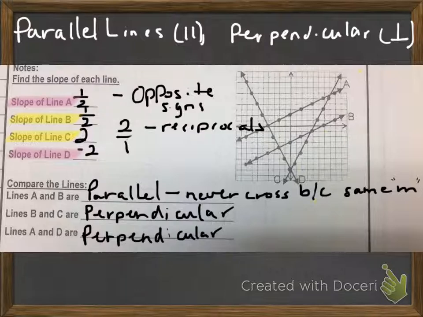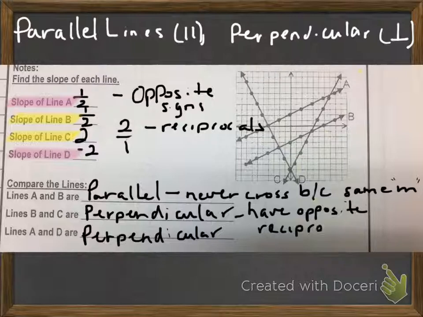Or, like somebody said, they're opposite reciprocals. And that's exactly right. Perpendicular lines have opposite reciprocal slopes. So you might want to write that down.